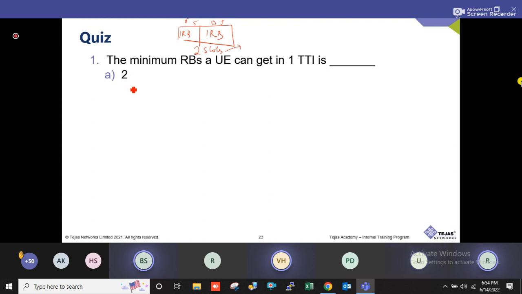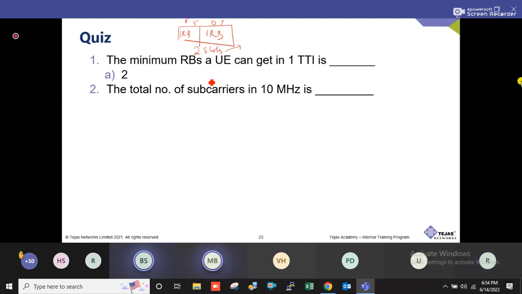Okay, let me move to the next question. The total number of subcarriers in 10 megahertz. Is it 600? 900? Excellent, 900. How do you remember this? It's very simple. Just remember 20 megahertz: 100 resource blocks, 1200 subcarriers.